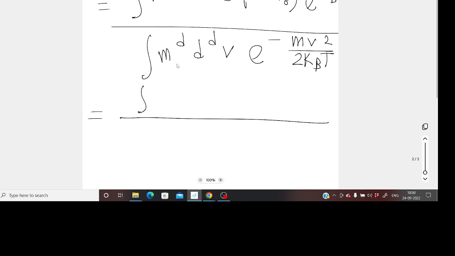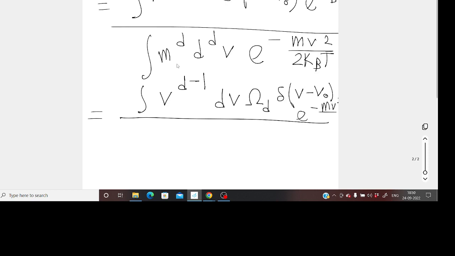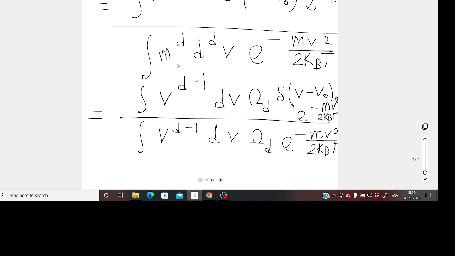What is this thing, d of v? This is the volume element in d dimension. So I think you all know this is equal to this thing. Here this omega d is the solid angle in d dimension, and the solid angle is independent of v.